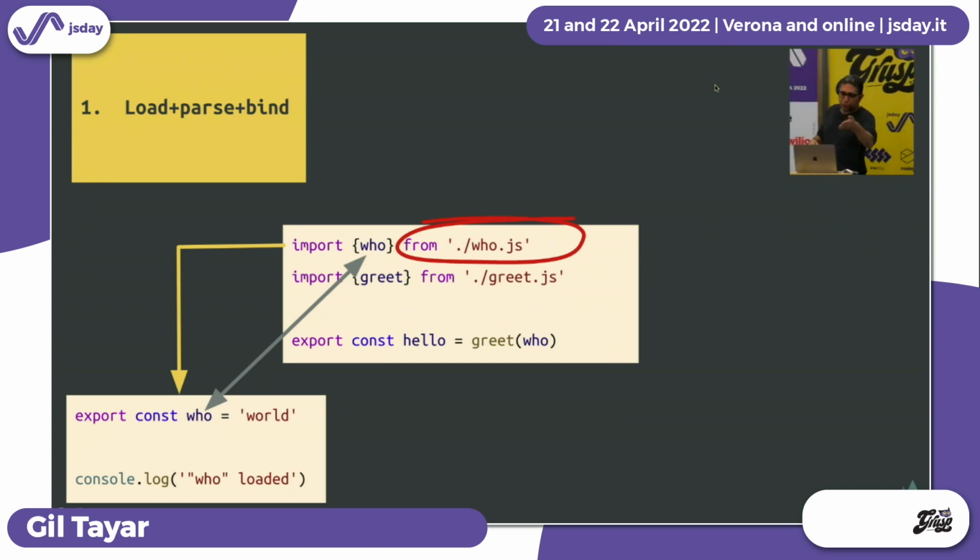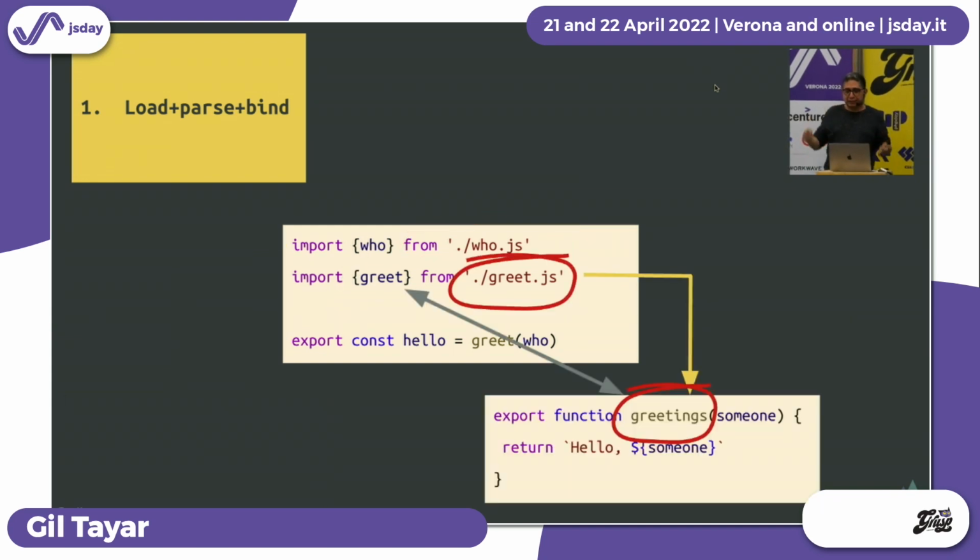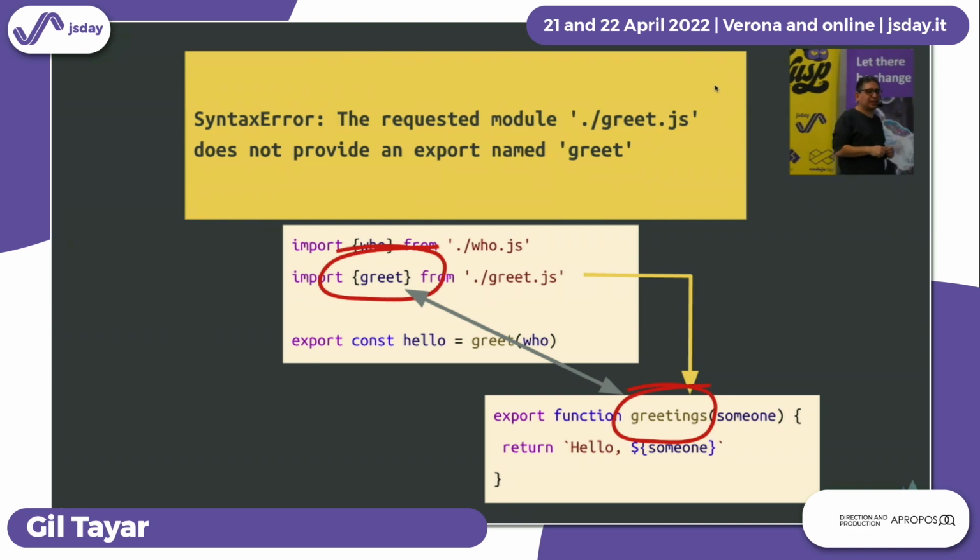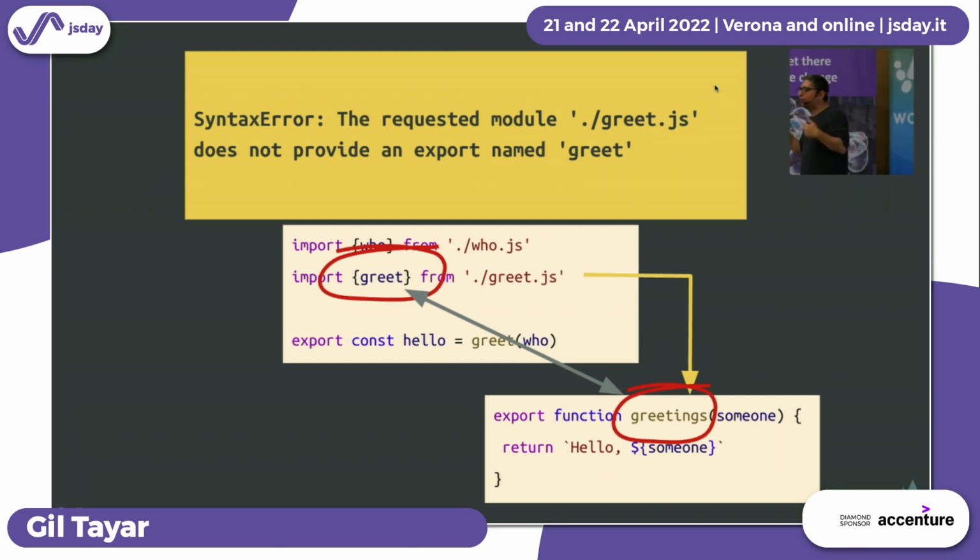Then it goes to who, and then it loads who.js, binds, loads greet.js, binds. Notice here's something interesting. There's a problem. I'm importing greet and I'm exporting greeting. What happens is we get a syntax error. There's a problem here before the files were even run.